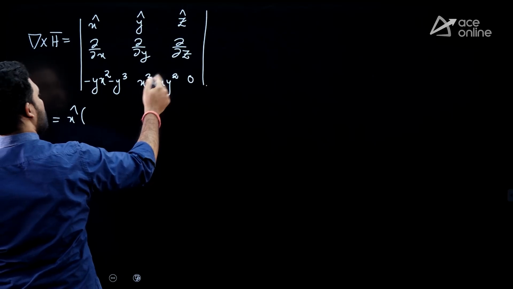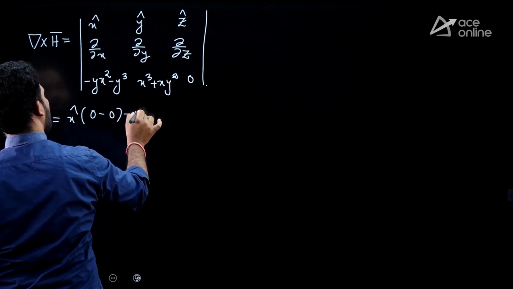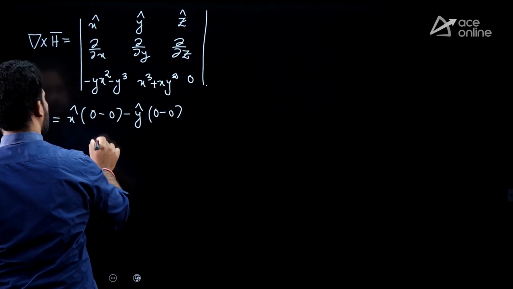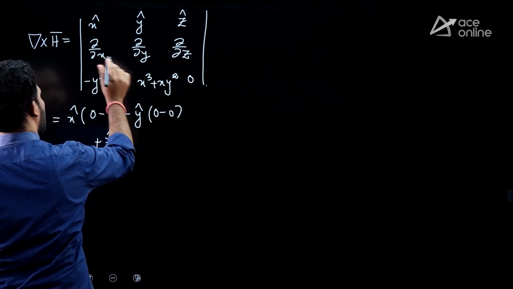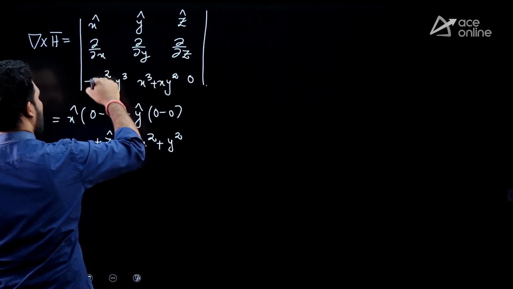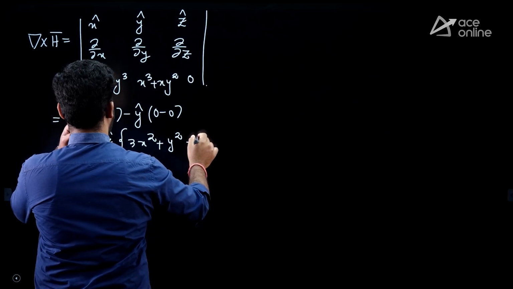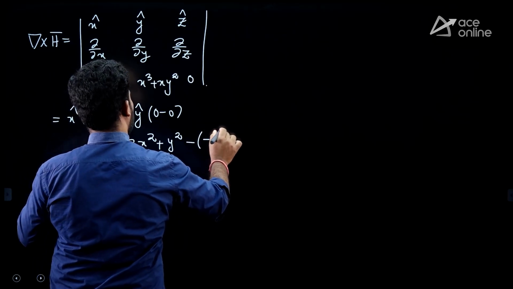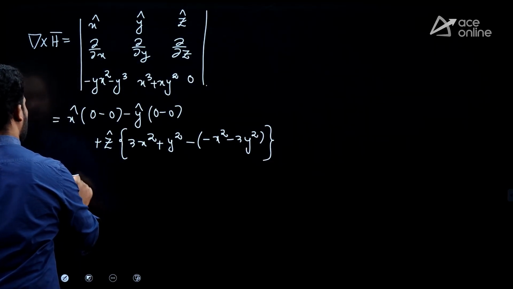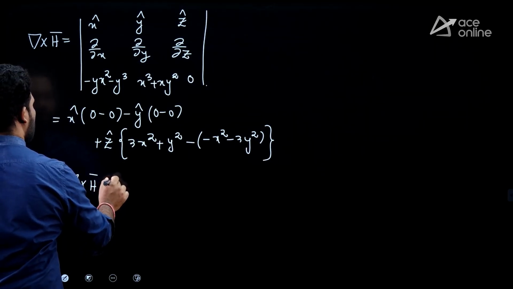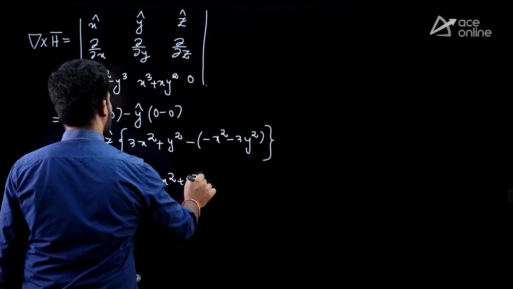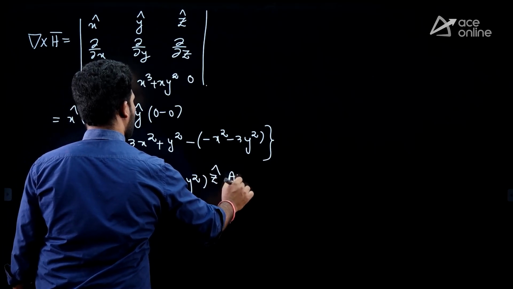So x cap into this minus, it is 0 minus 0. Minus y cap is this into this minus this into this, 0 minus 0. Plus z cap is this into this, it is 3x square plus y square minus x square minus 3y square. So del cross H, which is also equal to J, is equal to 4 into x square plus y square z cap. Units are ampere per meter square.